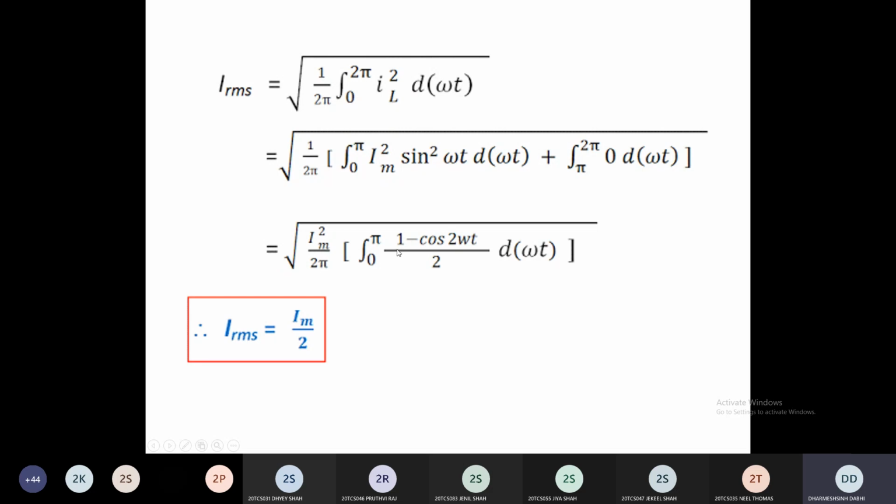Now take only the integration of 1 minus cos 2 omega t with respect to omega t. So finally you get the RMS value of your load current, Im by 2. All of you please verify this. Get this Im by 2 or not? Take integration of 1 minus cos 2 omega t.